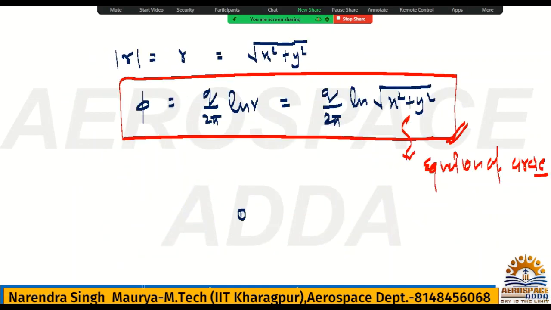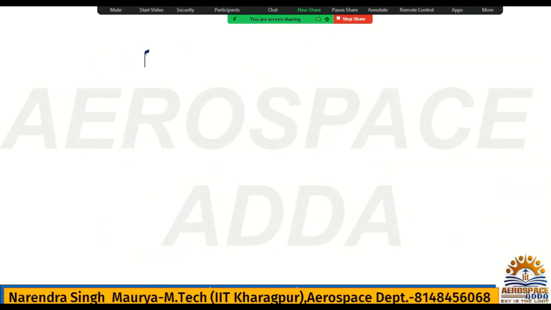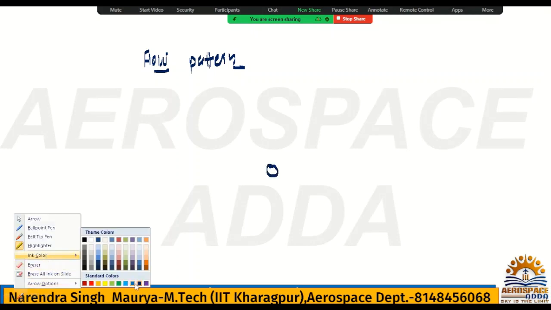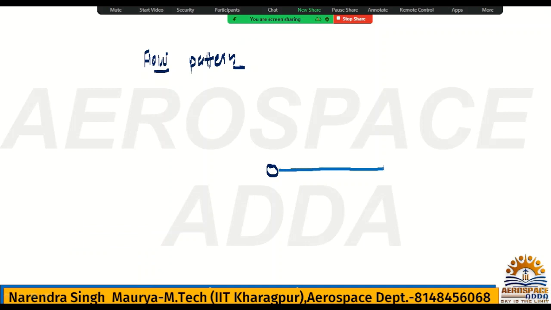Now if you draw the flow pattern for this, it's very clear here. This is the source, so the flow is coming out like this. If you draw stream functions, psi is directly proportional to theta.